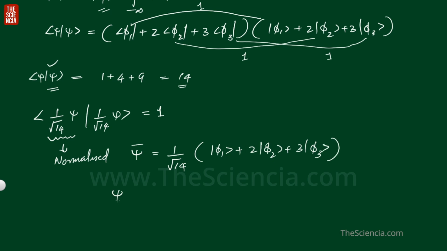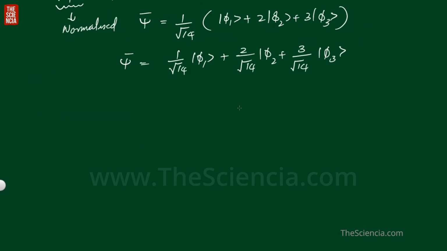So this normalized wave function is equal to 1 by root 14 into psi 1 plus 2 by root 14 into psi 2 plus 3 by root 14 into psi 3.